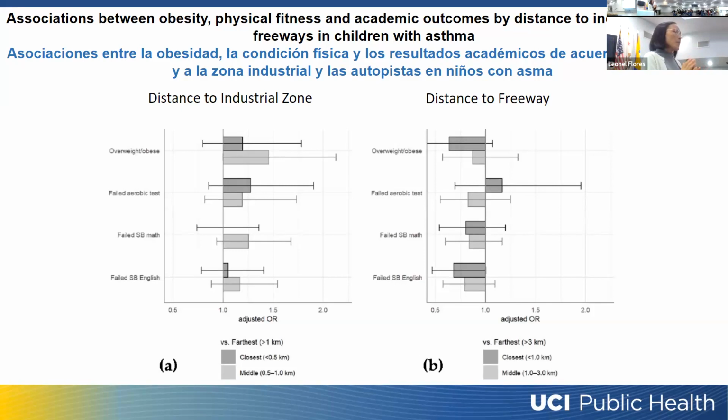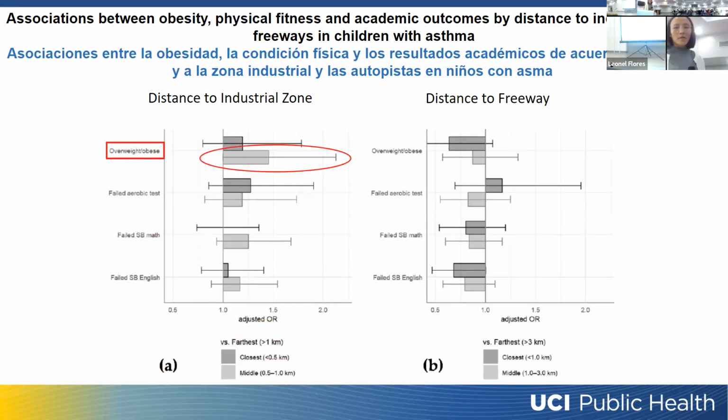Okay, so they are the most vulnerable population. So among the children with asthma, does the distance to the industrial zone and distance to the freeway have any effect on their obesity, their fitness score, their school academic performance? Okay, so next.